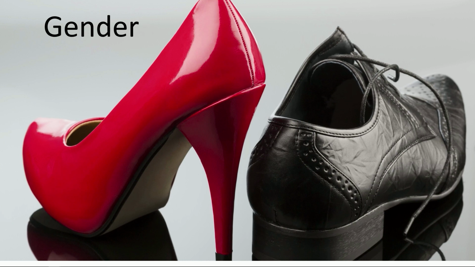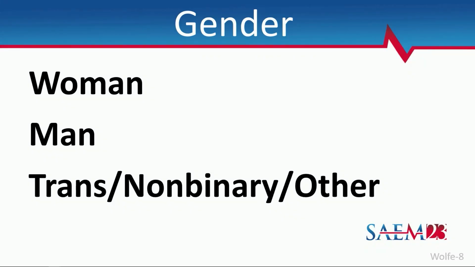So what about gender? We think of gender as more of a social cultural attribute that includes our gender expression, our gender roles, and how we perceive ourselves in the world. When we look at gender, again, this is not a binary. At the extremes, the bookmarks are woman and man, but in between there are a lot of different variations: trans, non-binary, other. Again, you do not need to reinvent these definitions.